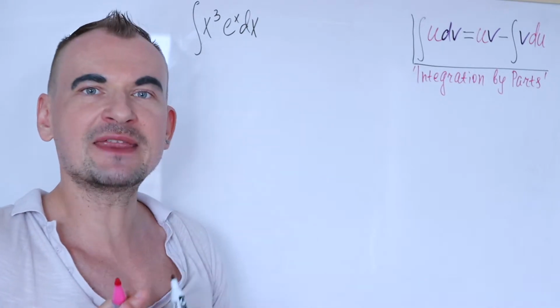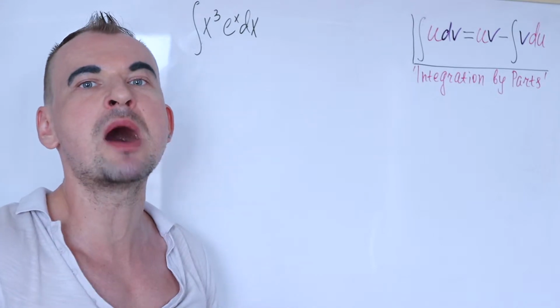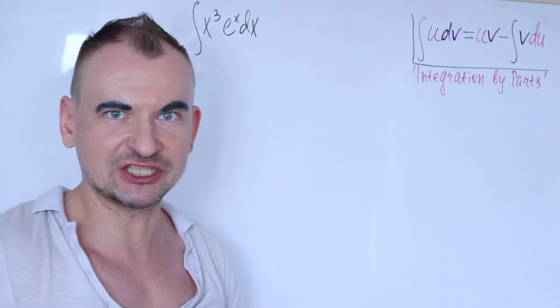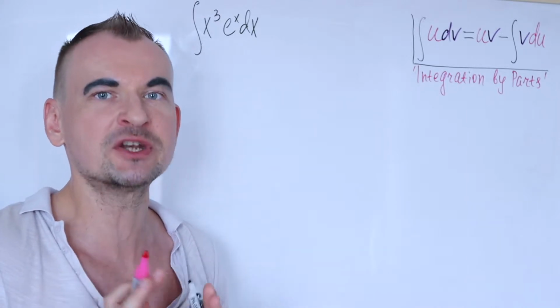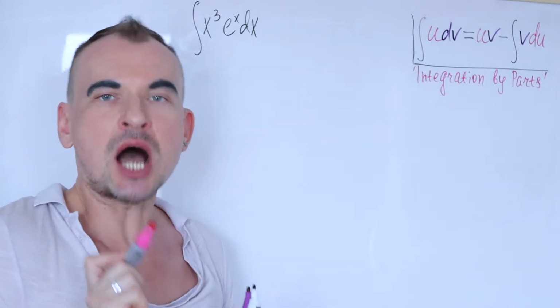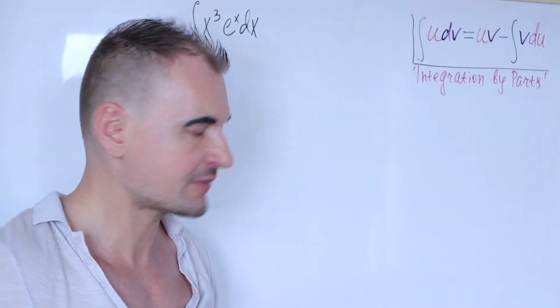And if you need help with picking your u expression, you could check out my first episode, Integration by Parts, where I came up with a mnemonic trick for how to pick your u expression. Check it out later.